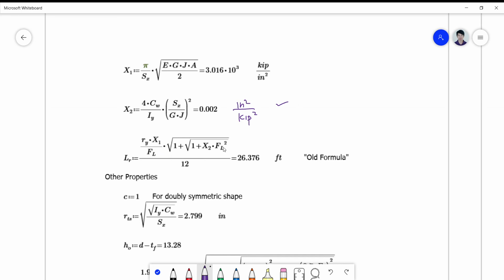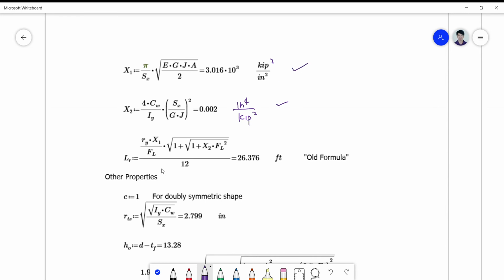This is in KSI, I'm sorry, this is to the 4th. So this must be to the 4th, because this is a K cube square over inch to the 4th. Okay, so this must be cube squared over inch square. Okay, so the correction here, and you have also here cancel Ry. Okay, so I think this is the correct units.